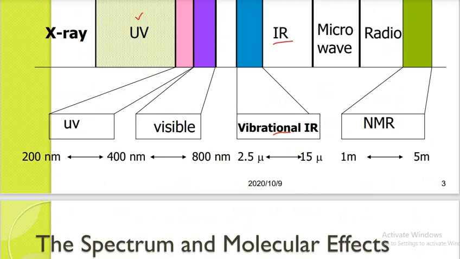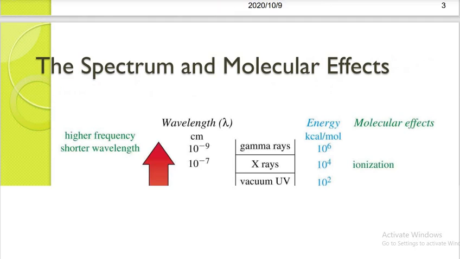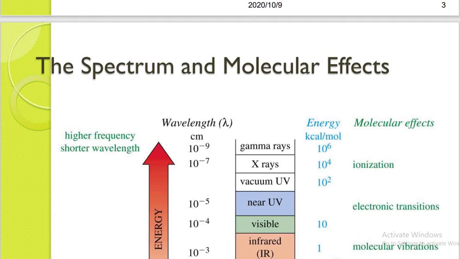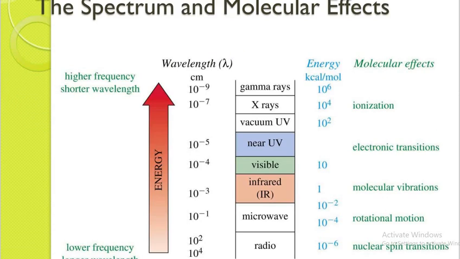Now, this we have already seen. So now the spectrum and molecular effects, this we have seen in the previous, that this is the visible region, that is the UV region, UV vacuum region, then near UV region, then visible region.